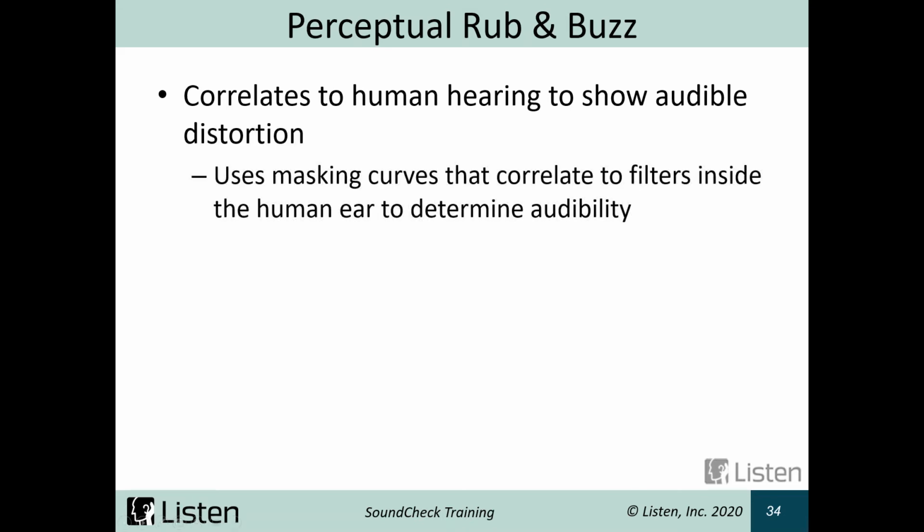It uses masking curves that correlate to filters inside the human ear to help determine audibility. So instead of just globally saying everything above the 10th harmonic is audible, or every harmonic is equal when we're calculating the level, we're actually taking specific masking curves and some more things behind the scenes to correlate to what a listener would be able to hear.